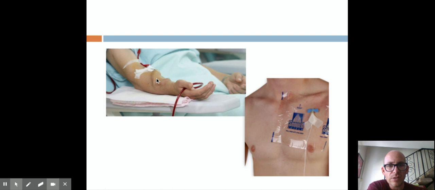They end up with these because they're much better for the long term, because you don't really want to have a tube going in and out of your chest, because there are issues with infection and also issues with cleaning. As you can see, that's a shower cover. And if that gets pulled out going into your chest, it's going to lead to some really, really big problems. But dialysis is not really the most pleasant experience.